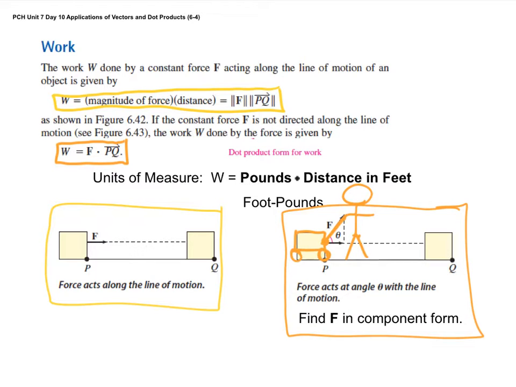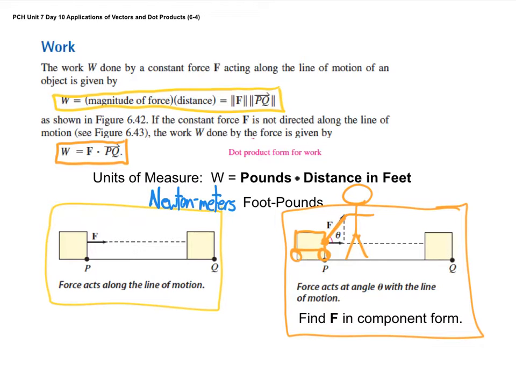Now, in metric units, what was force measured in? Newtons. And we measure distance in meters. So in the metric system, our work is measured as Newton-meters.